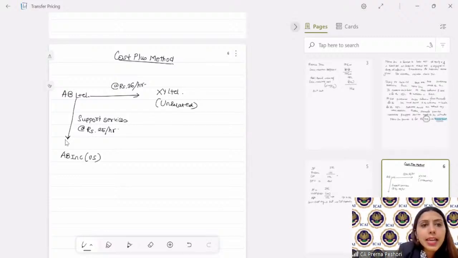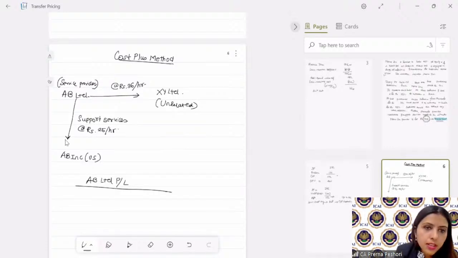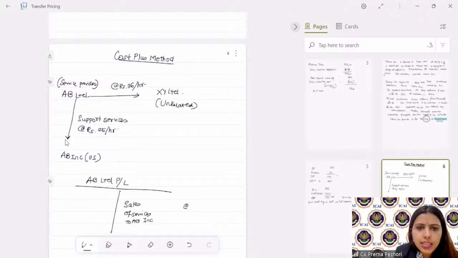Now, basically, AB Limited is a service provider, right? So, if you look into the AB Limited P&L, there will be the sale of services to AB Inc. at say rupees 25 per hour, say the number of hours could be 10,000.